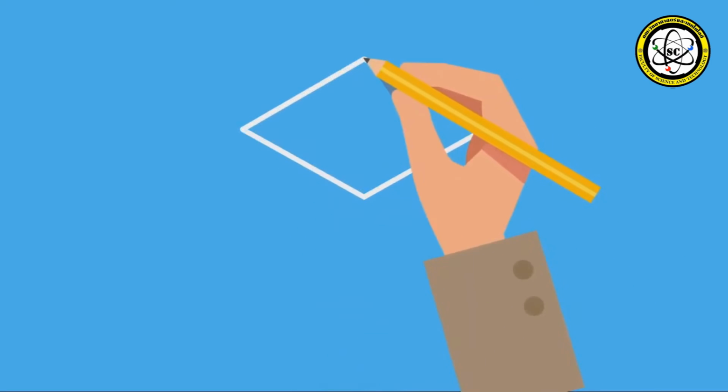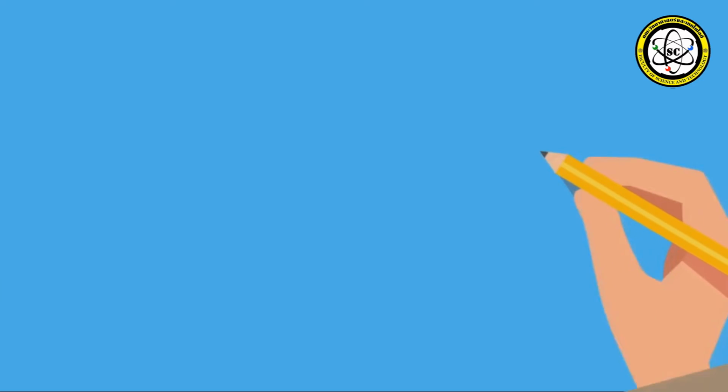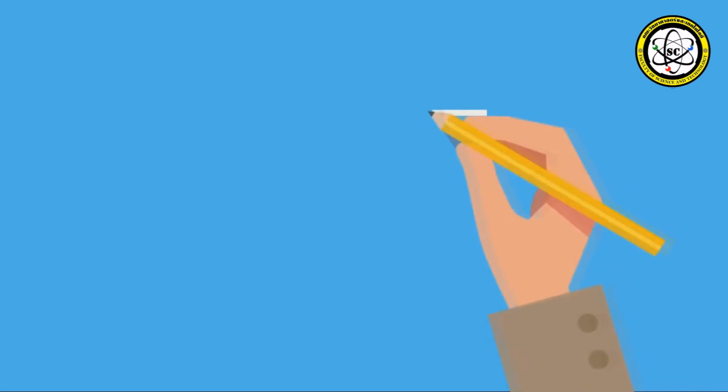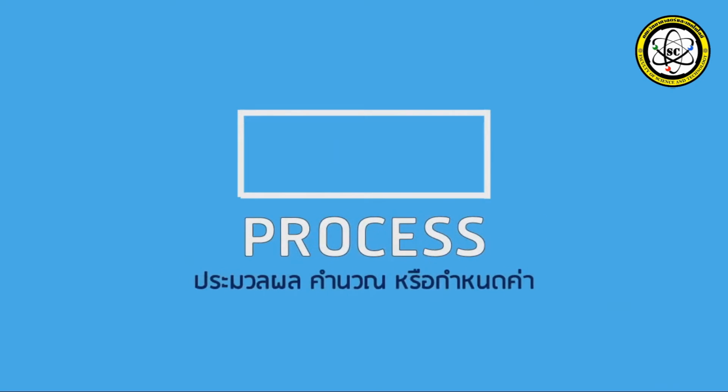Decision shows a step that decides the next step in a process. This is commonly a yes, no, true or false question. Process represents a step in a process. This is the most common component of a flowchart.